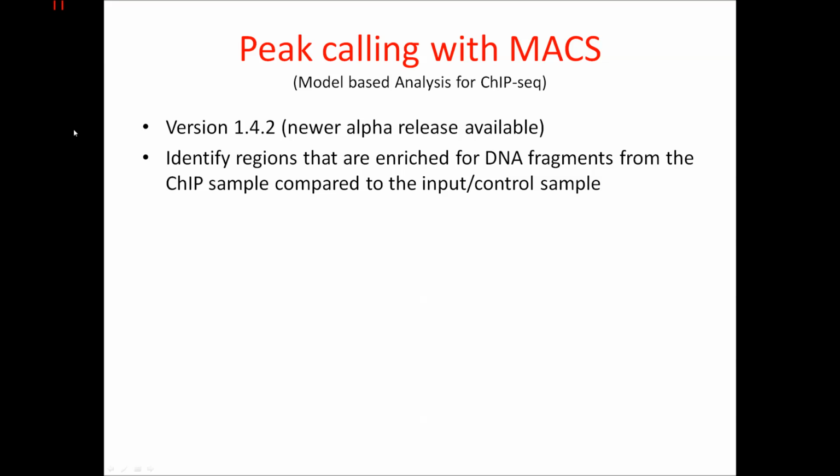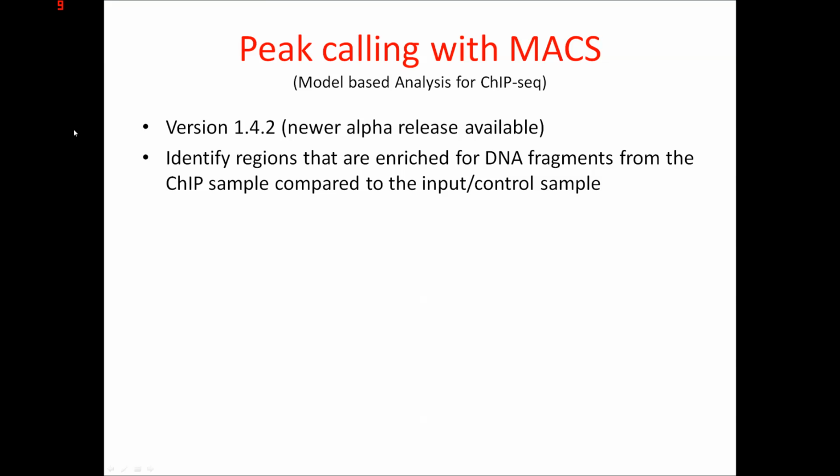So while Galaxy is running our MACS peak calling step, I'm just going to talk about MACS itself a moment. At a very simple level, what it's going to do is scan through the genome and look for areas where there are many more reads from the ChIP sample compared to the input sample.